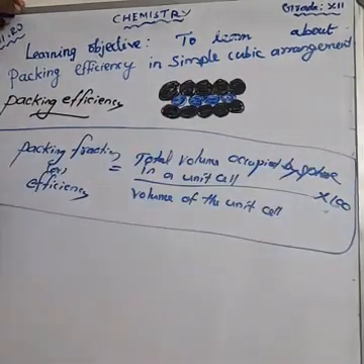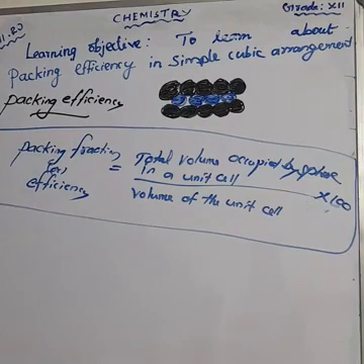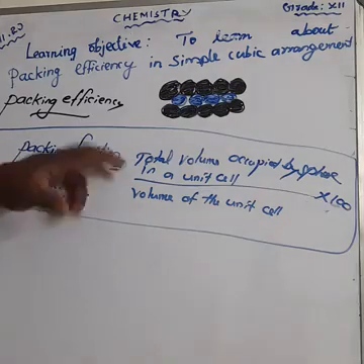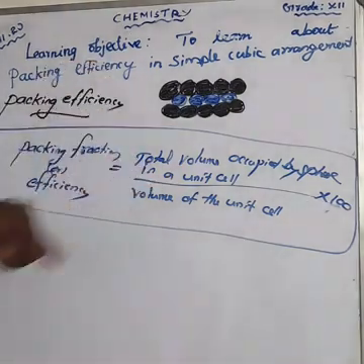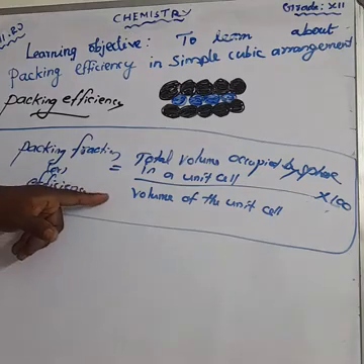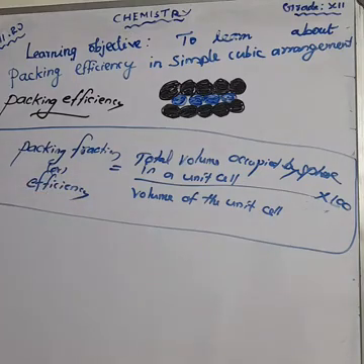This is one of the important questions. What is the packing fraction or efficiency? Packing fraction or efficiency is equal to the total volume occupied by spheres in a unit cell divided by the volume of the unit cell into 100.